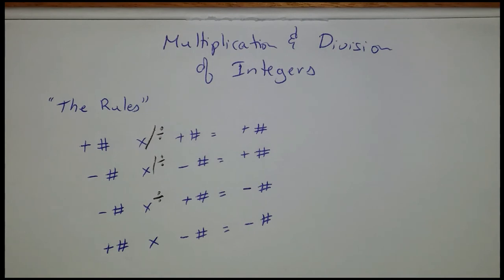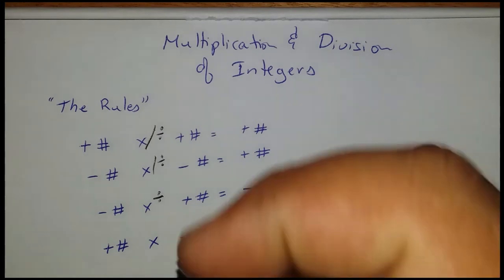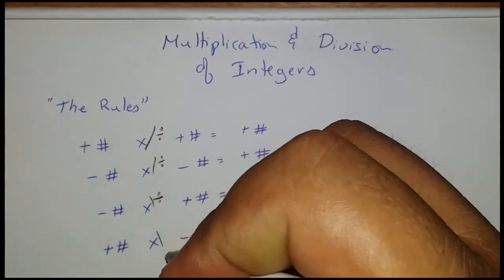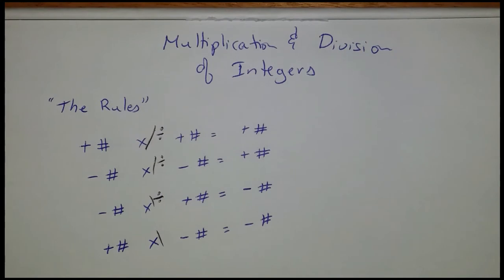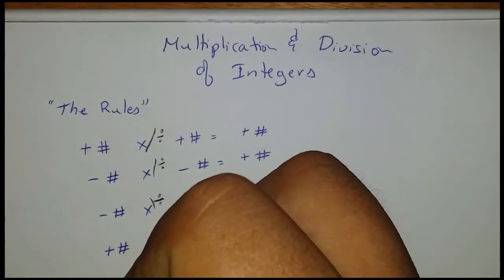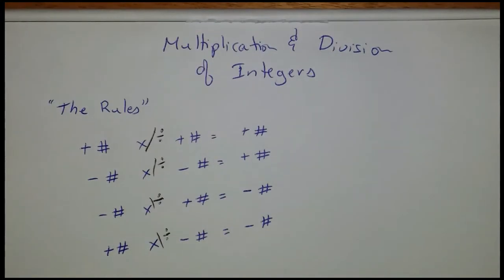And then the same thing goes for the last one. If I have a positive number and I want to divide it by a negative number, my answer is going to be negative.